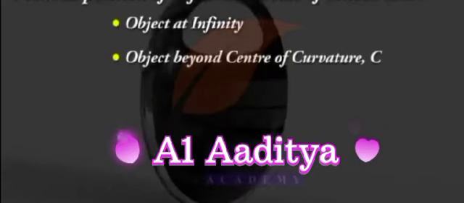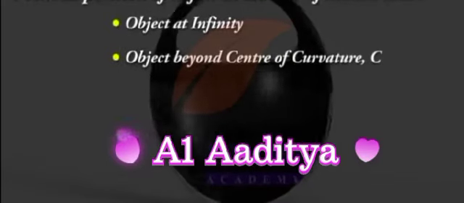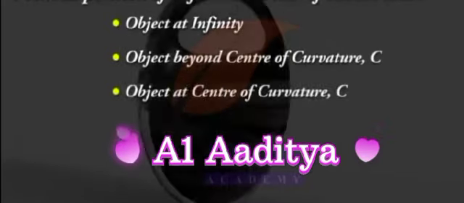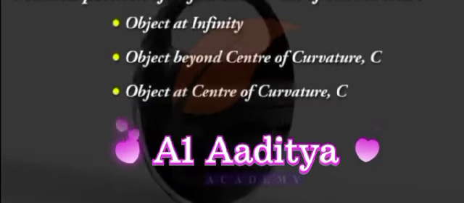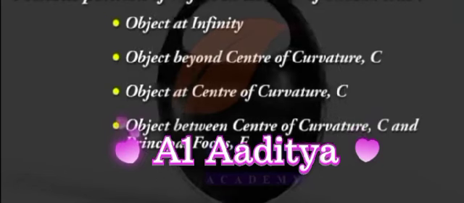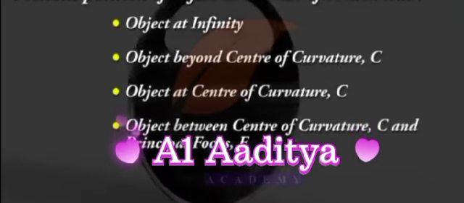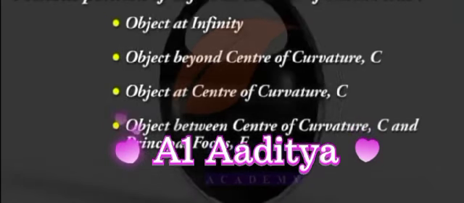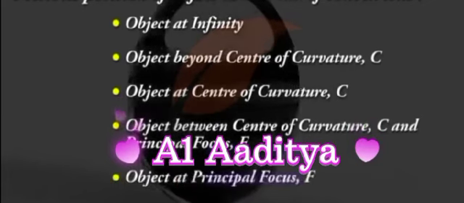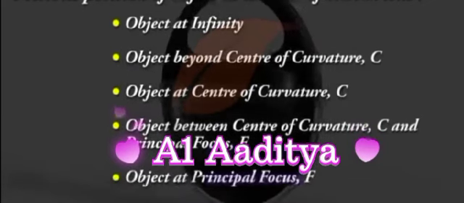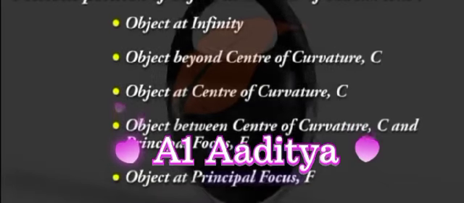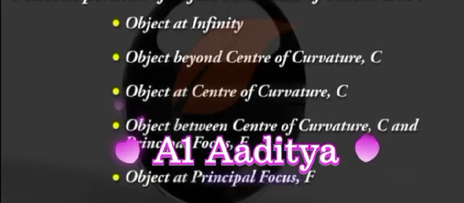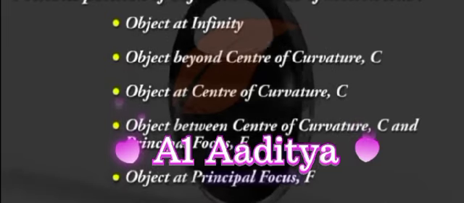Object beyond center of curvature C. Object at center of curvature C. Object between center of curvature C and principal focus F. Object at principal focus F. Object between principal focus F and optical center O.